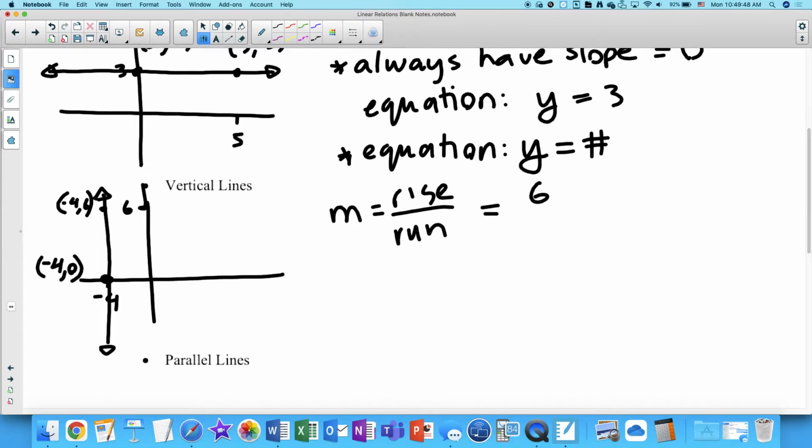How much have I moved horizontally? 0. Okay, well, tell me about that. What can we say about 6 divided by 0? Yeah, it's not possible. Anything divided by 0 is an undefined value. So vertical lines have undefined slopes.